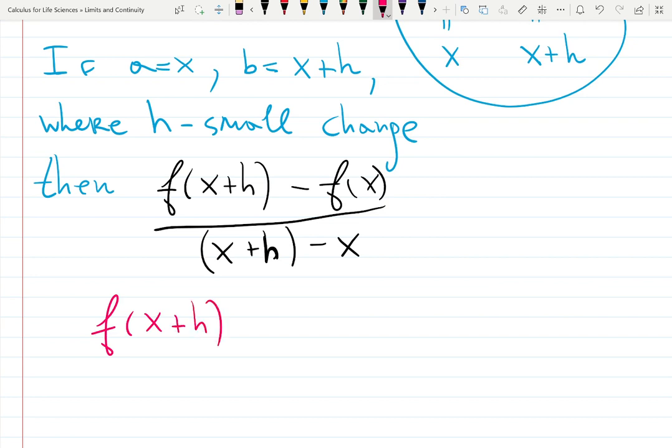That means output of a little change. So f of x plus small change minus the original output over the interval, which is that small change. So x canceled out. This expression is called difference quotient.